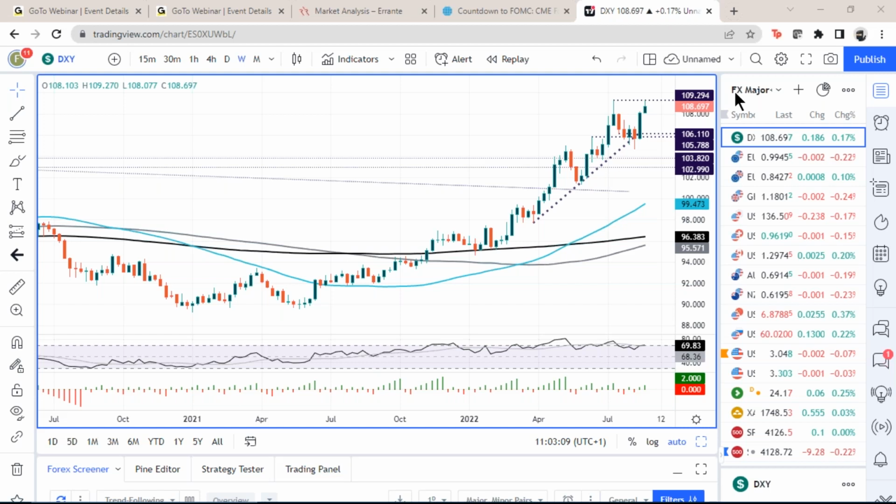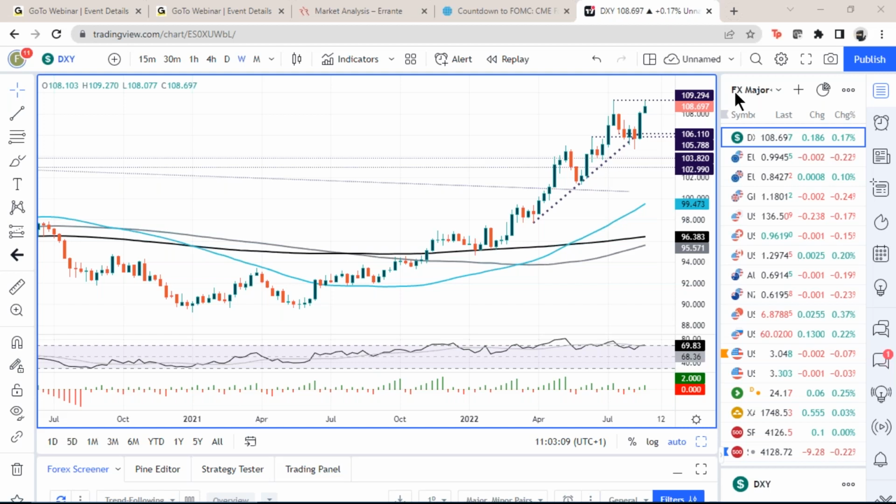And then the light blue line is the 50-day simple moving average, which has held prices quite nicely over this year and so acted as decent support for the DXY. Again, in line with that trendline support, we touched a couple of days through that area, and then saw a strong rebound in the last week or so. We got up to 109.27, I think, as the high yesterday.